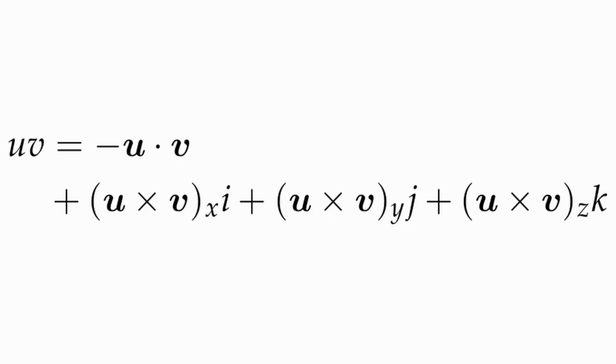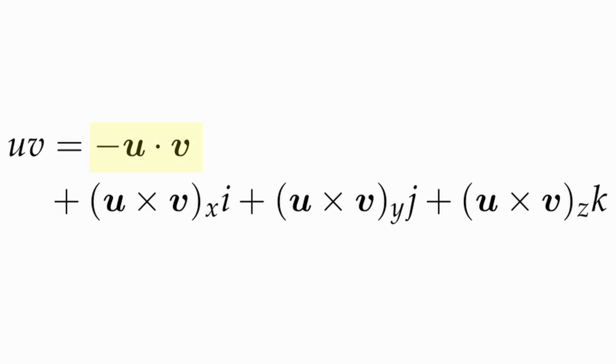So we can write the product of two pure quaternions as the negative of u dot v plus u cross v in the x direction times i plus u cross v in the y direction times j plus u cross v in the z direction times k.